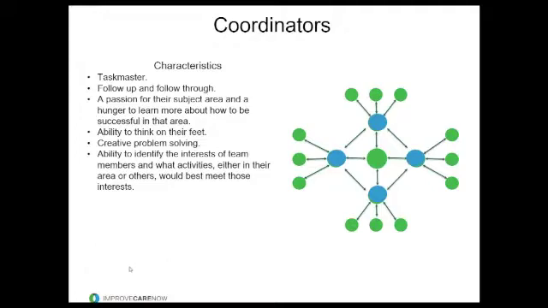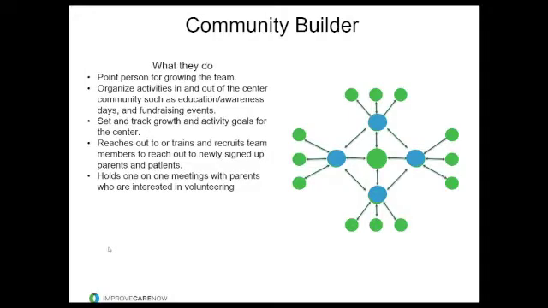So I know this is what it looks like when it's all the way built out, but I don't want anybody to think that it has to be all the way built out to be successful. There have only been a handful of times in the 10 years I've been organizing where it's looked like this, fully formed and going.